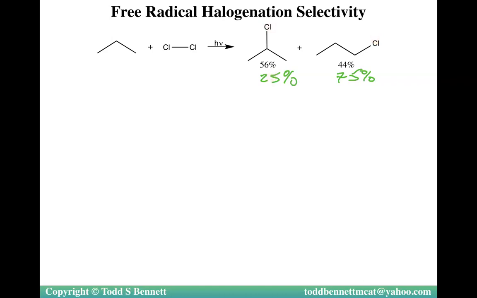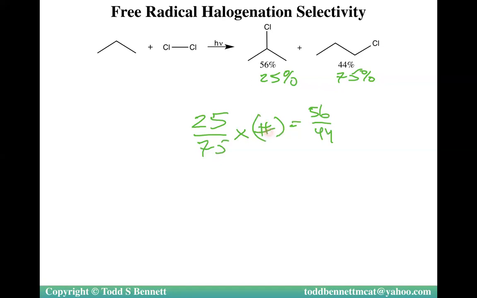So what we can do mathematically is compare the ratio of 25 over 75 times some number equals 56 over 44, meaning there's some preference for the secondary over the primary.